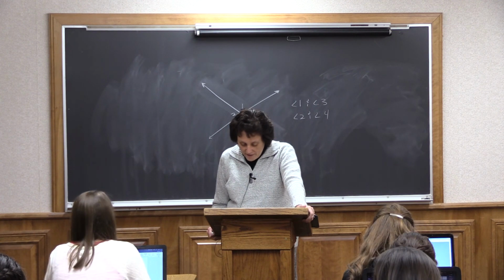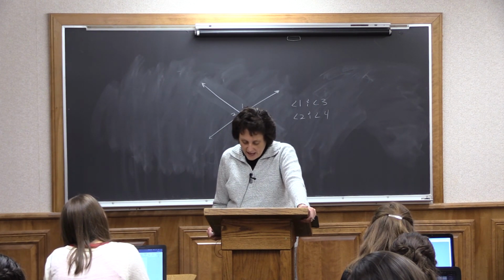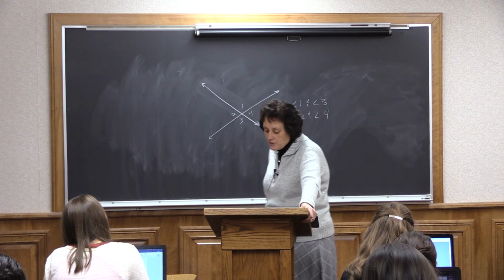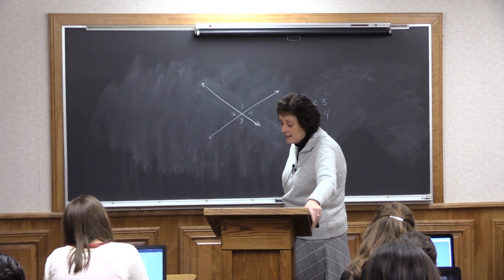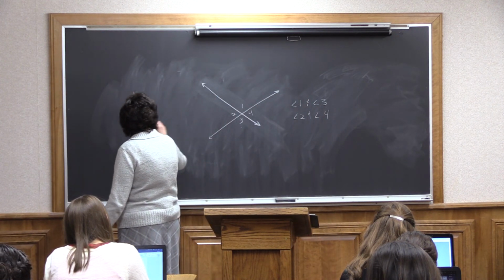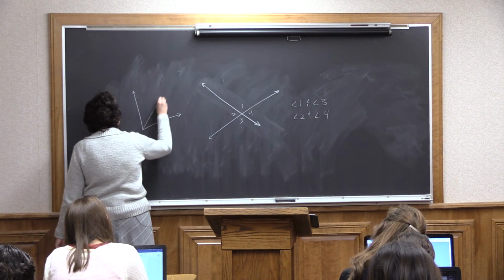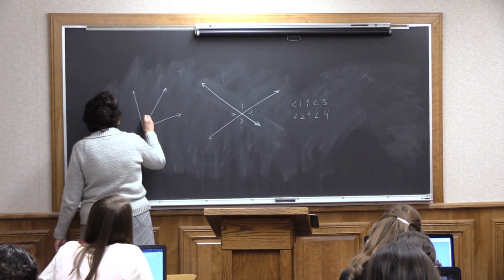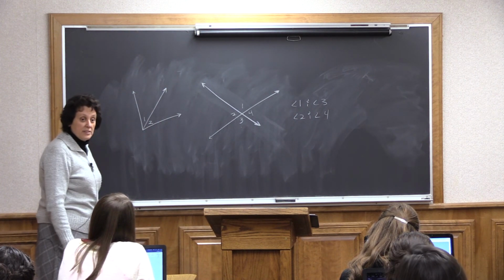Then we also have another way we can name or classify angles, which is adjacent angles. When we have two angles that share both a vertex and a ray. Adjacent angles share both a vertex and a ray. So we actually have three angles here.